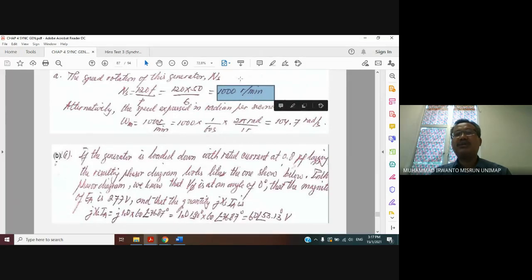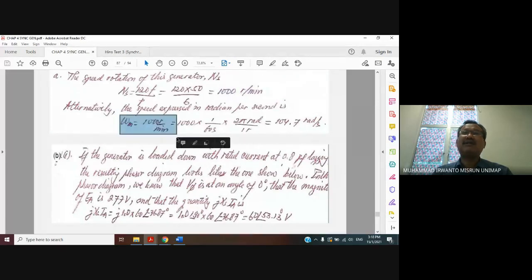Now this value we can convert to radian per second. Similarly, if in the test question you are asked to find the rotation speed in radian per second, you have to convert the speed from revolutions per minute to radians per second.